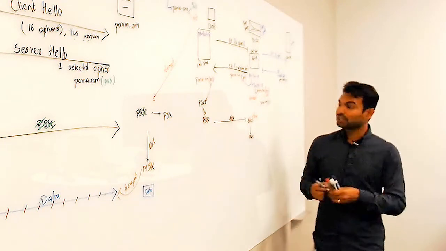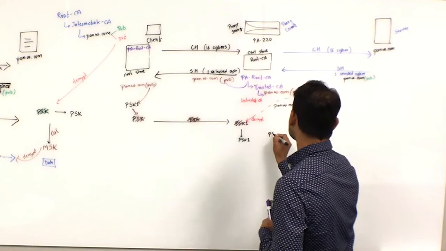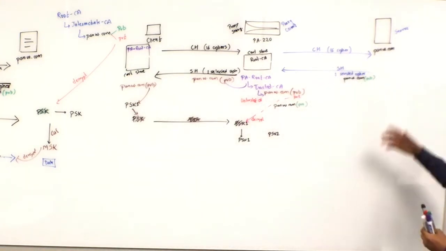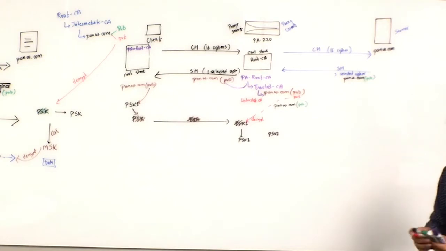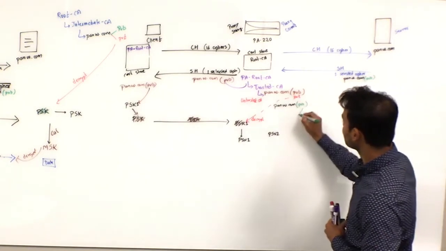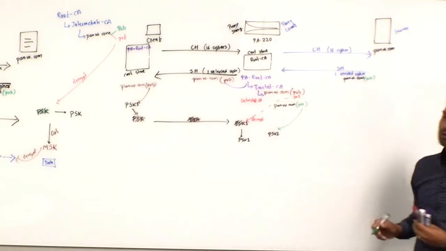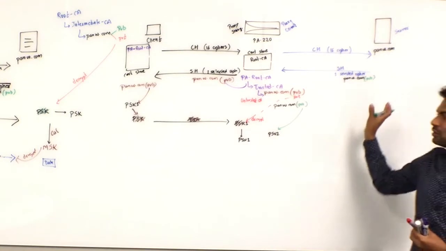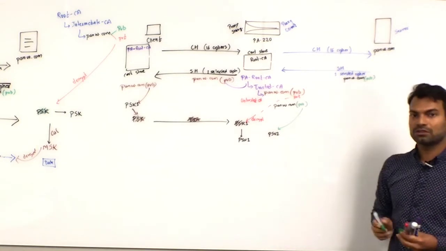Now we can create a new PSK, so let's call it PSK2. And this PSK2 will now be shared with the original or final destination. And again, we have received a certificate. This panw.com with the green public key was the original server certificate which the firewall received.